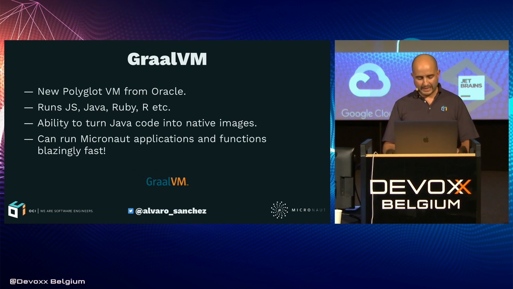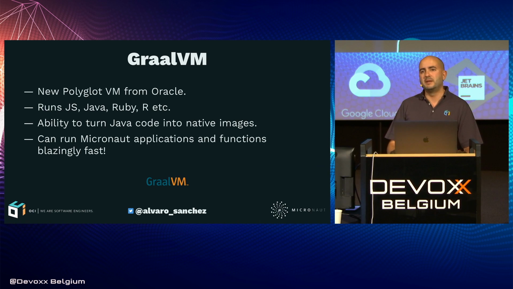We're actually working closely with the GraalVM team at Oracle, because Graal is still not on a stable release, and we're working closely with them to have a working version of Micronaut there.